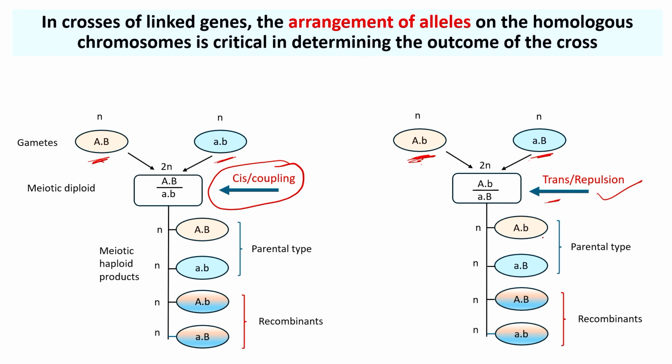Clearly, the parental type will be capital A and small b, or small a and capital B. It is no longer capital A, capital B. Do not expect that in a numerical you will always be given capital A and capital B together and small a and small b together. You will get these kinds of situations where you will get a repulsion combination of alleles. So your parental types change, and the same is true with your recombinants, right.